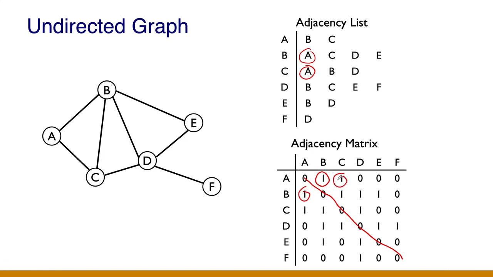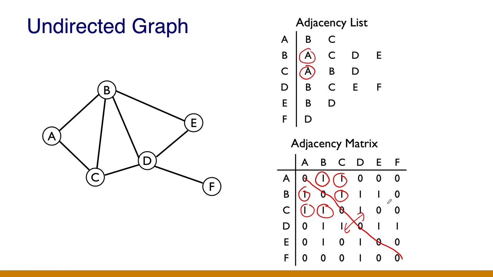You have AC, it means that you have CA. You have BC, then you have CB. So the symmetric relationship is across the diagonal. Okay, so this is the second type of graph. We call it an undirected graph.